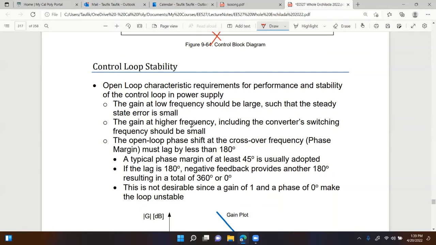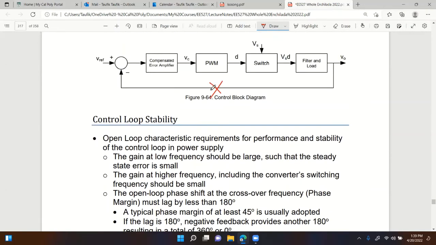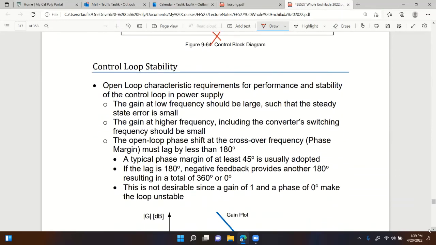And then the gain at higher frequencies. If you take the Bode plots of the open loop system, you break that feedback, the gain at higher frequencies should be small, which again makes sense, because we want a DC to DC converter. We don't want the high frequency to be present at the output, right?